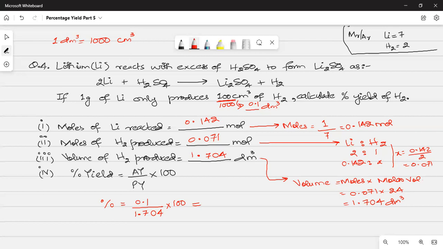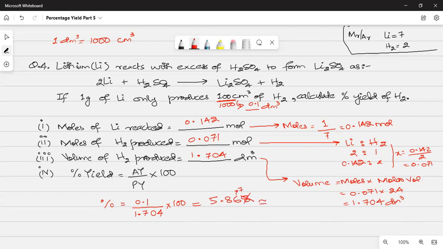Sure. So the answer would be 5.868, or just 5.86. No, rounding off means that it's 5.868. Now, if I round it off, I'm going to increase it to 5.87.